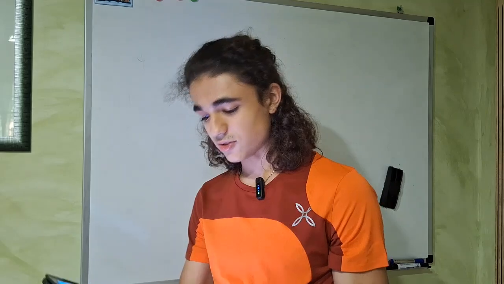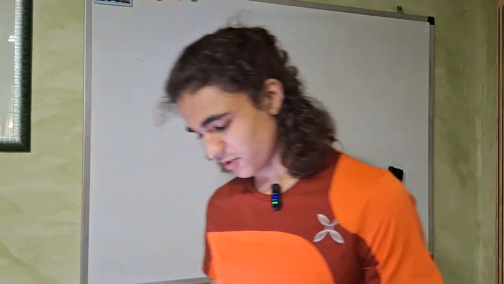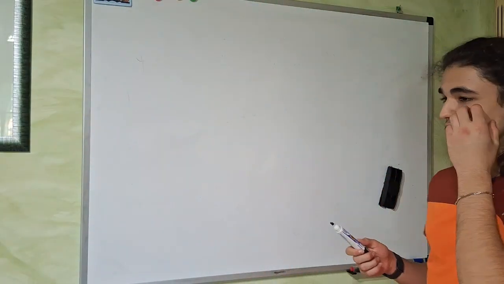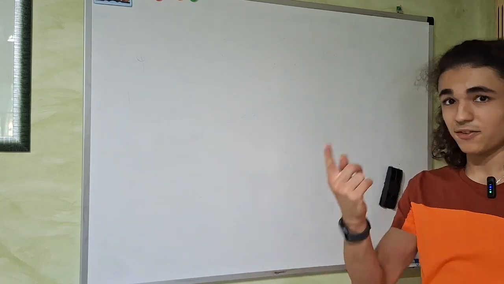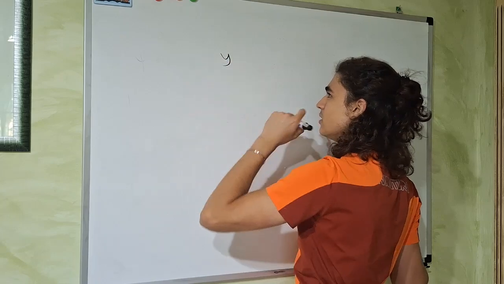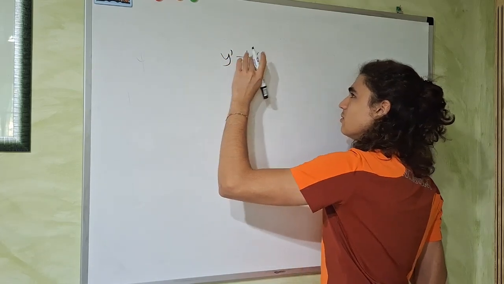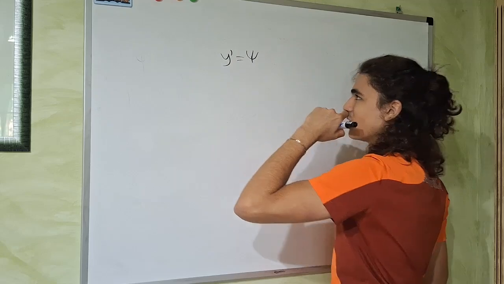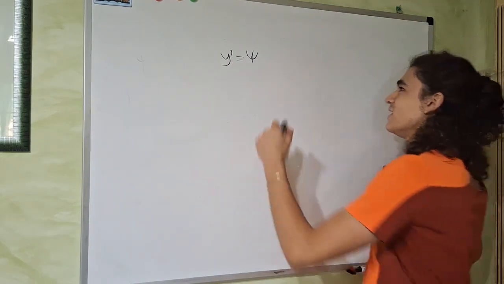Now we get to the integration of first order ODEs in normal form. So what is a first order ODE? We said that the highest derivative appearing in the equation is the first derivative. So we can write it in normal form: y prime equals psi. We can always use the symbol psi, because it always looks cool, I have to say.